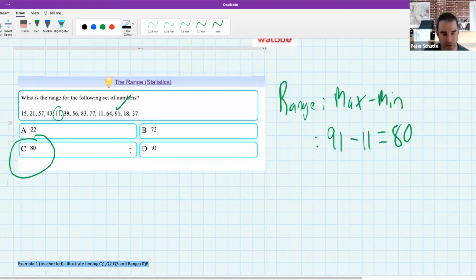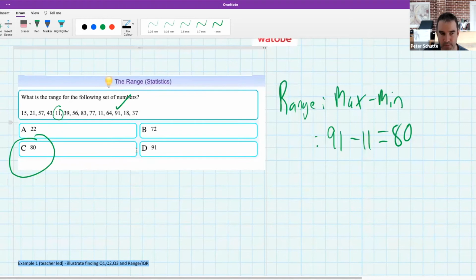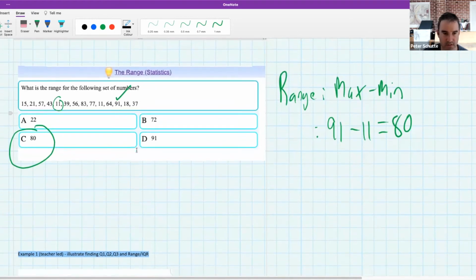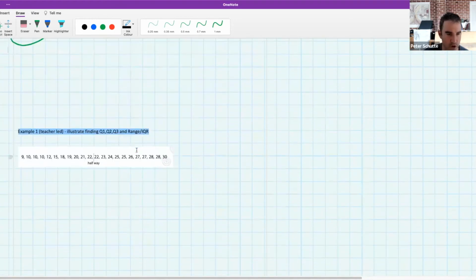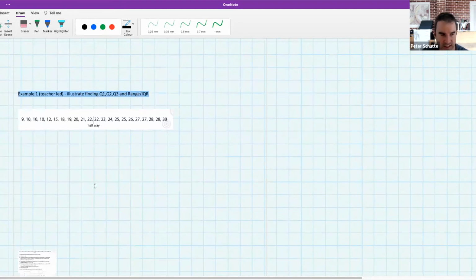The problem with the range, though, is if you have a mistake with just one number, the range can give you a very blown up sense of how spread out your data is. And so that's not as helpful. So let's move on to a second example.